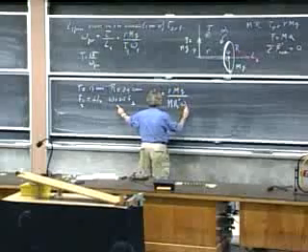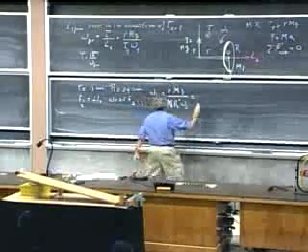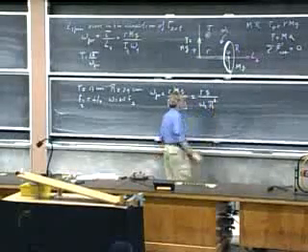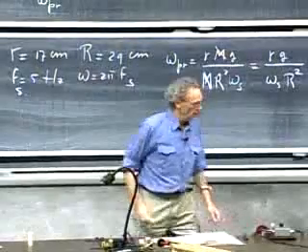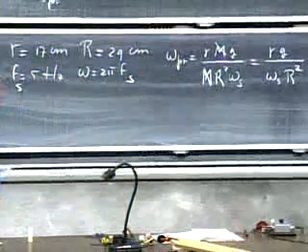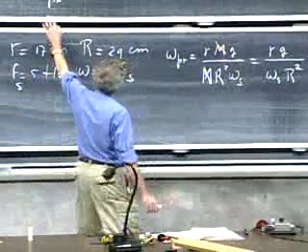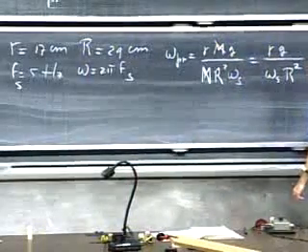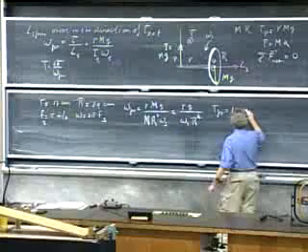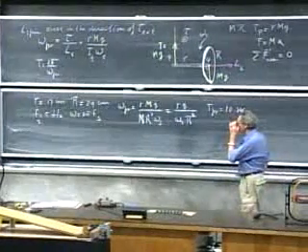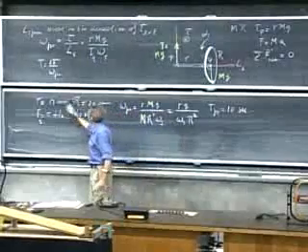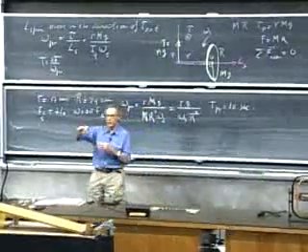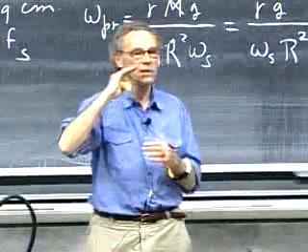We lose the m, and so we get Rg divided by omega s times r squared. That is the angular frequency of the precession, and the period of the precession is 2 pi divided by omega, and you find for the period of the precession about 10 seconds. So if I gave it a spin frequency of 5 Hertz, with these dimensions and with this approximation that all the mass is at the circumference, you would expect that it would precess around very gently in about 10 seconds.